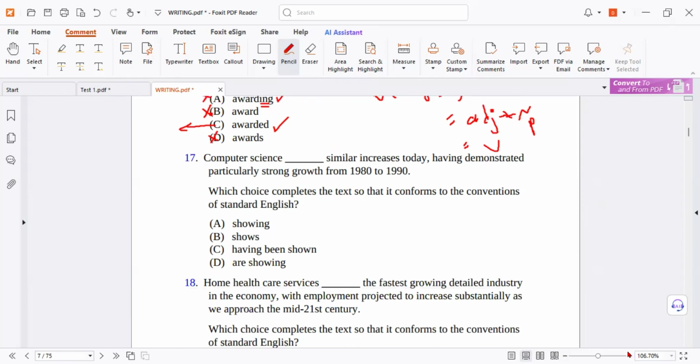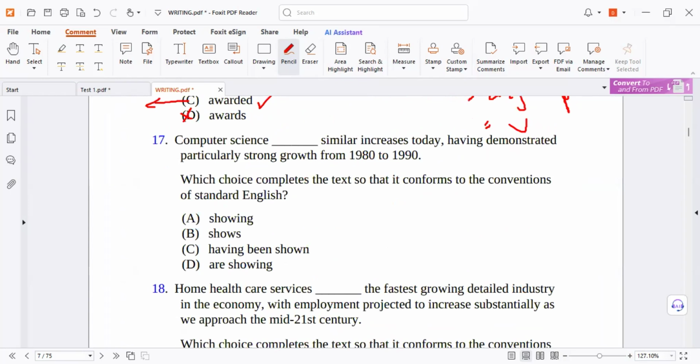Number 17, try. 17. Is it letter B? Letter B, are you sure?